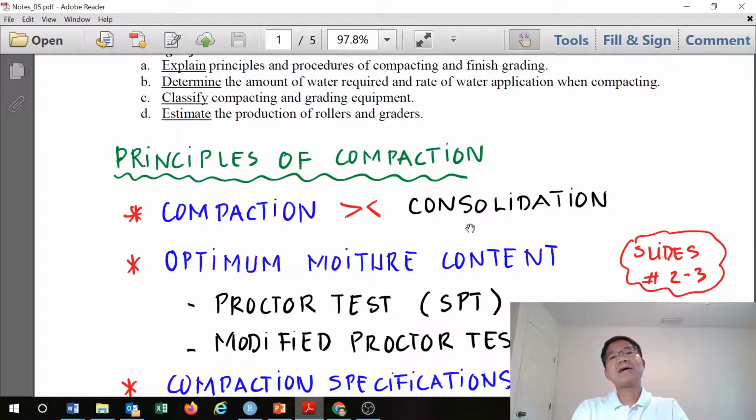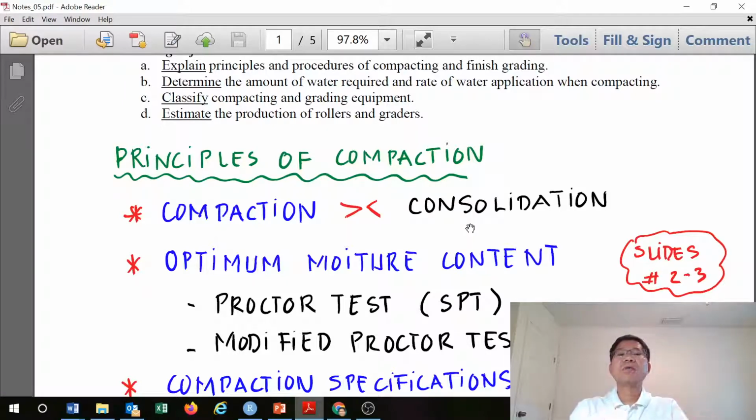the desired densities. And we should not confuse compaction and consolidation, which you learn in Geotech 2. Consolidation is also a process of increasing the soil density, but it expels the water out of a cohesive soil, clay, etc. Compaction expels the air, consolidation expels the water out of the cohesive soil.